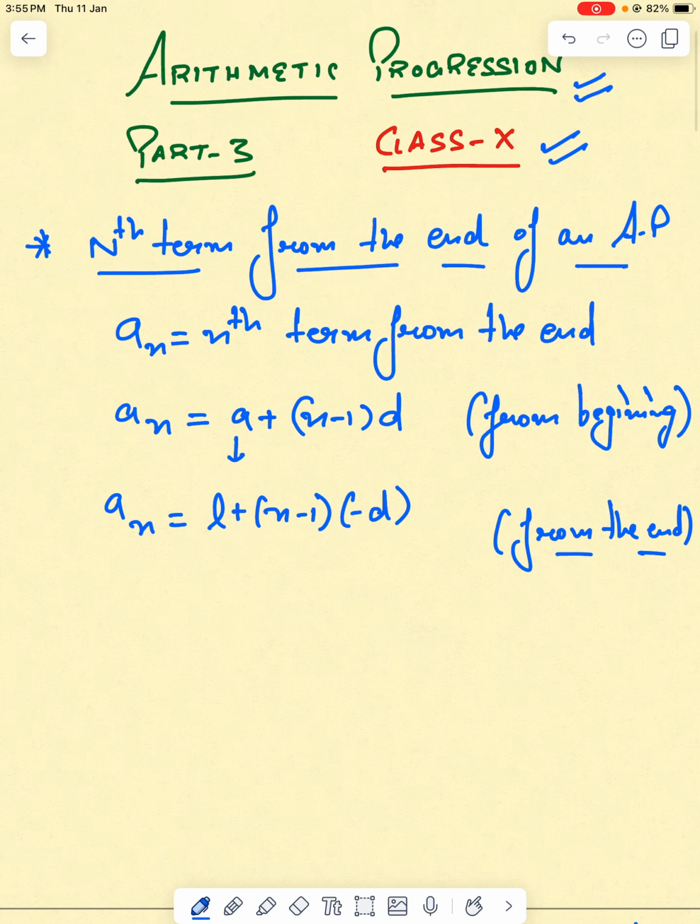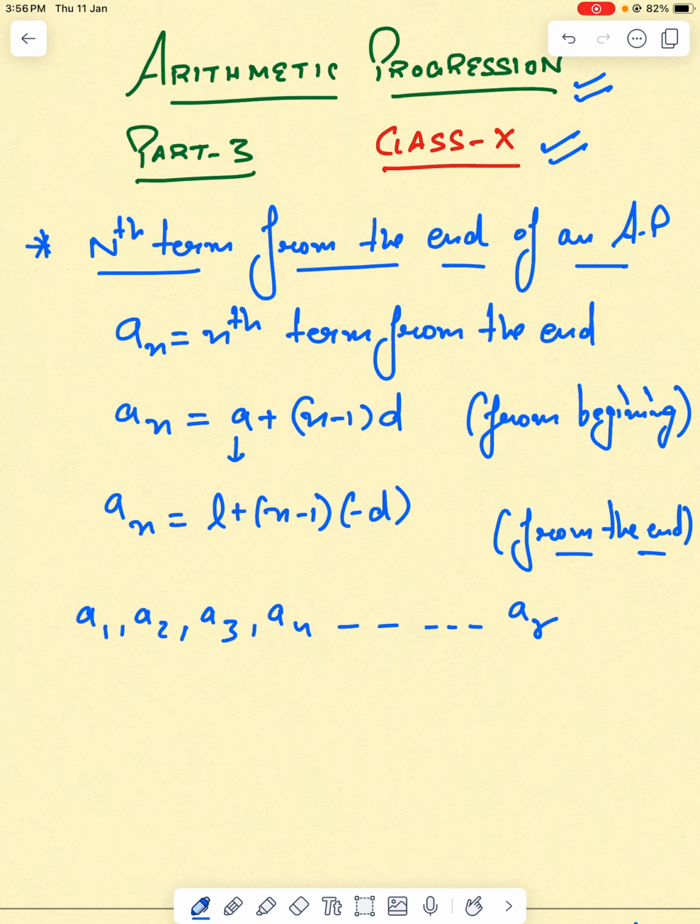See here, suppose we are having a sequence a, b, c, d up to, or I may write it in the form of a1, a2, a3, a4 up to an. You can say there are n terms.